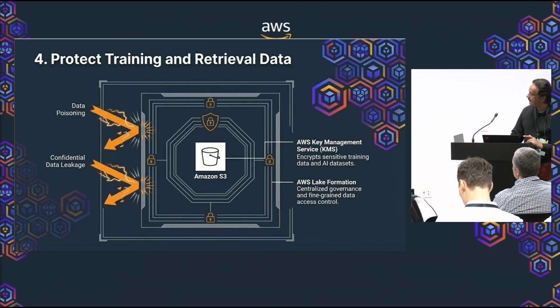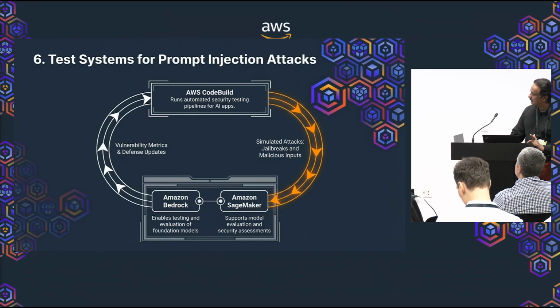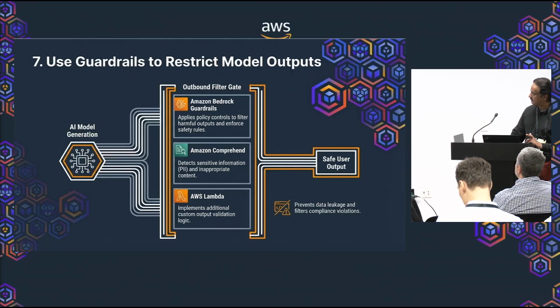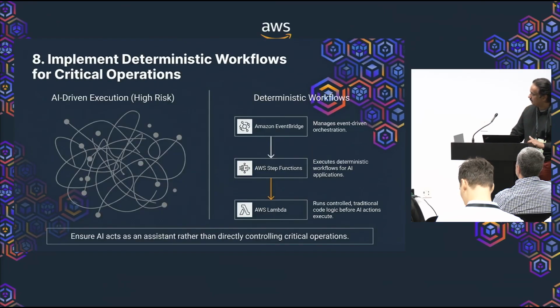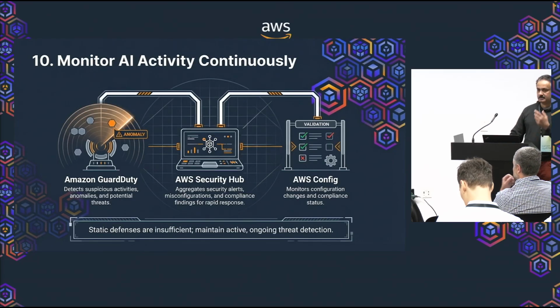That makes sense. So when you use all of these systems, KMS, Lake Formation, WAF, and SageMaker if you're using it for training and evaluation, and then basically CloudTrail, CloudWatch.